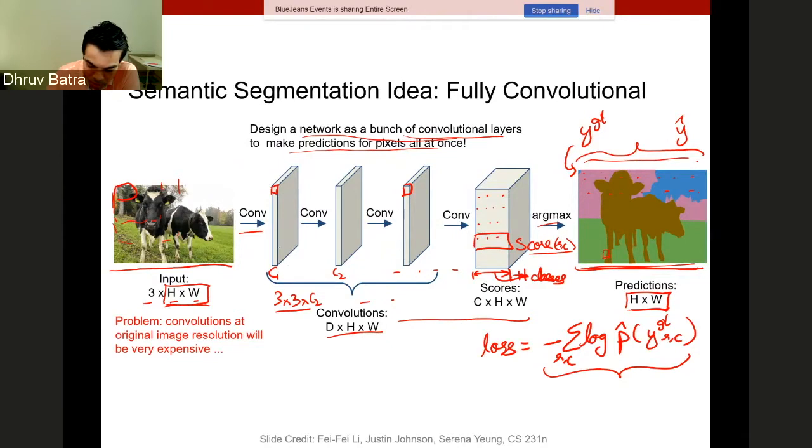If you maintain height by width spatial resolution throughout your convolution network, then you can make pixel level predictions by using pixel level losses. But this is problematic because doing convolutions at full spatial resolution is extremely inefficient. By inefficient, I mean it's extremely slow. It's computationally expensive. And so this idea just simply doesn't scale well.